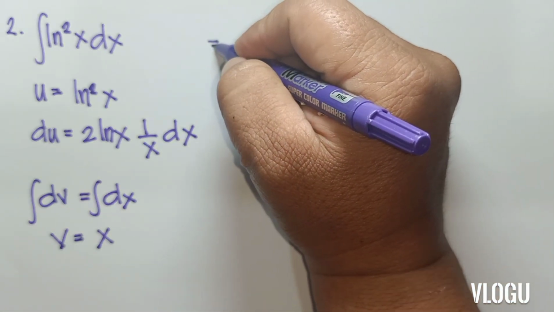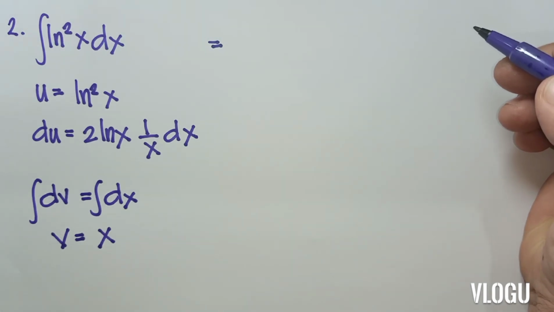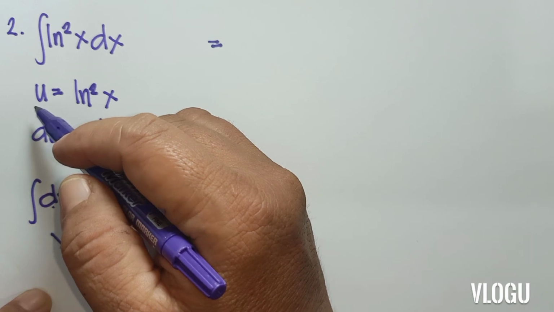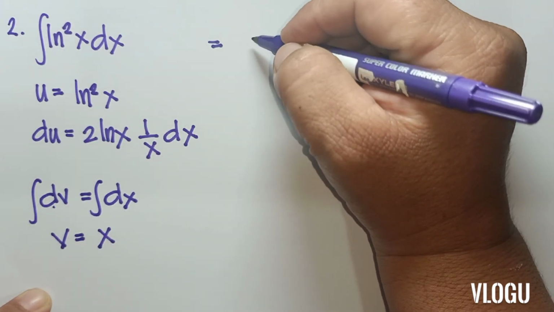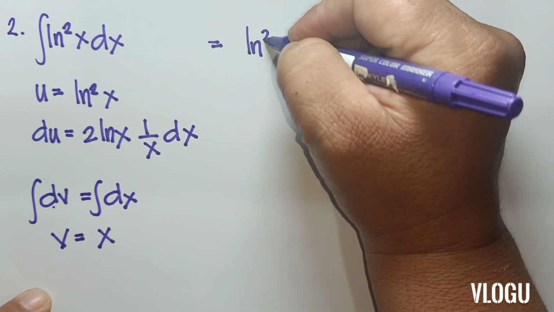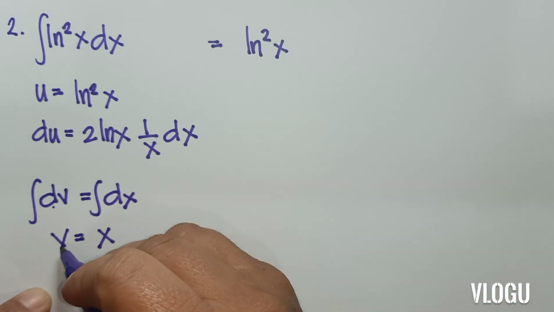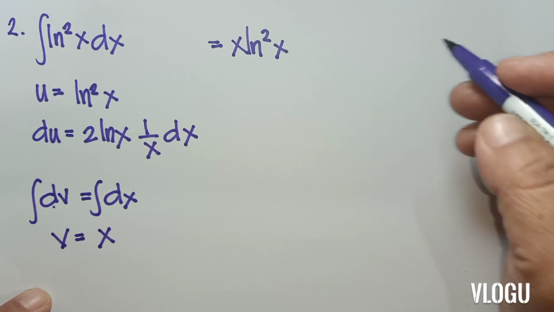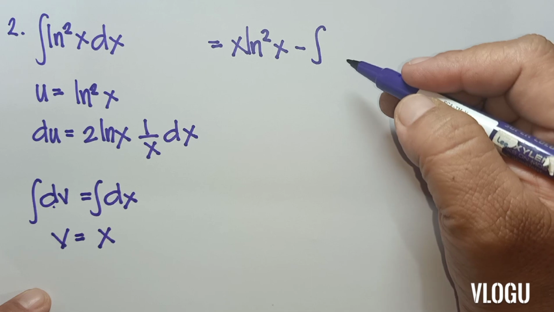Therefore, u is ln squared x, v is equal to x, then minus the integral of v du.